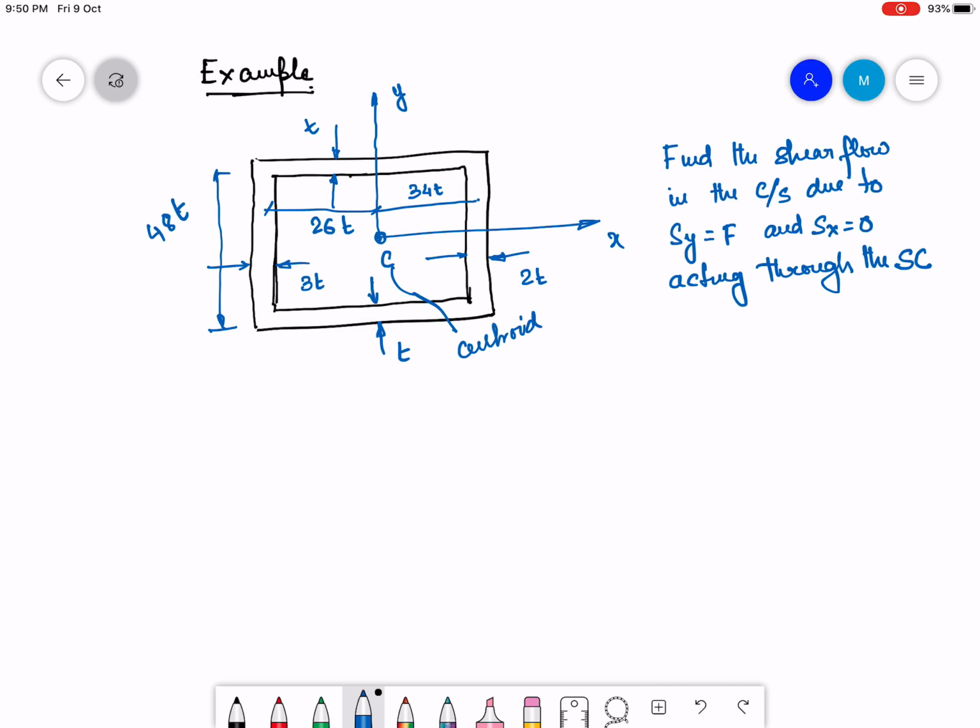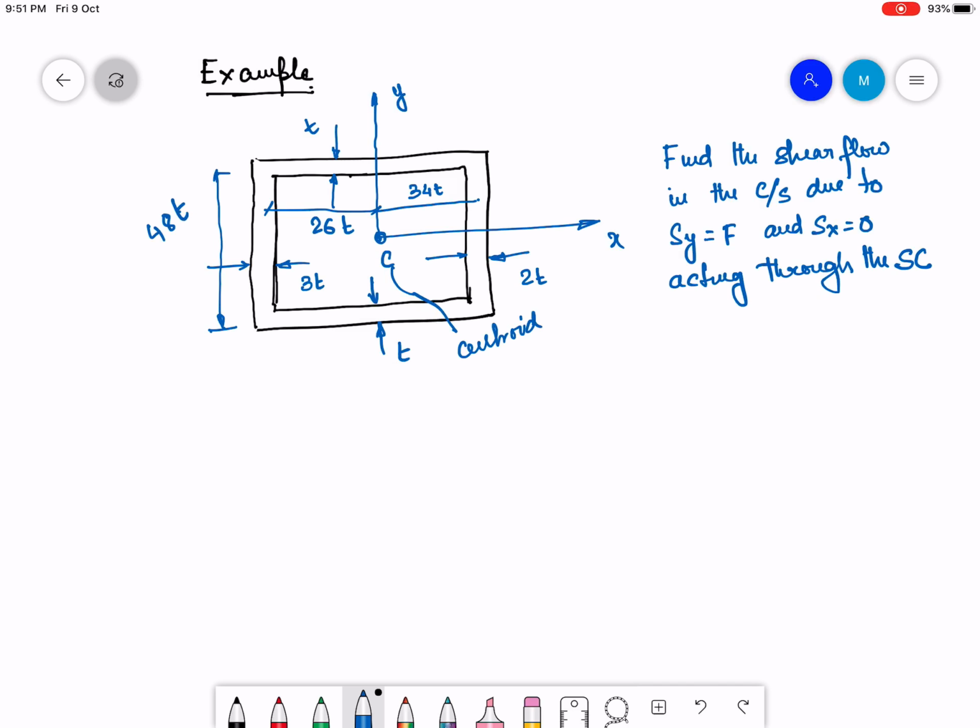The centroidal location of the cross section is given, which is 26T from the center line of the left hand side leg or portion, and 34T from the right hand side leg or portion. The dimensions are 60T by 48T.